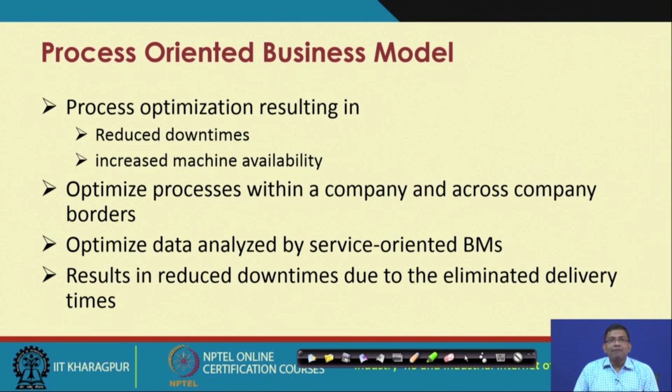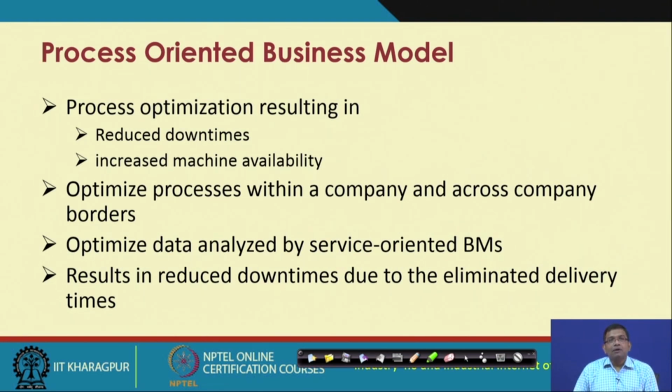So, the processes will have to be optimized within a company and across different company borders. Earlier I was telling you about this particular thing in a different context as well. What is important in the IoT world, IIoT world more specifically, is that we are talking about not a single company, but a scenario where the borders between these different companies are going to be removed, and these companies are going to join hands for optimizing their resources and the processes that are there in the use of these different resources.